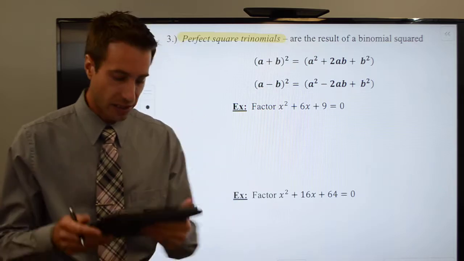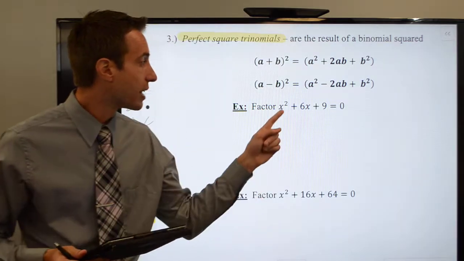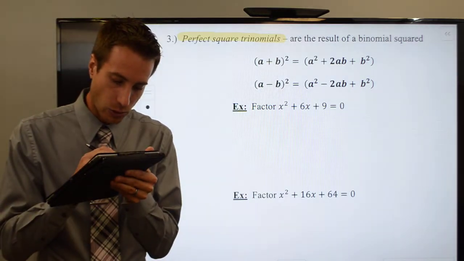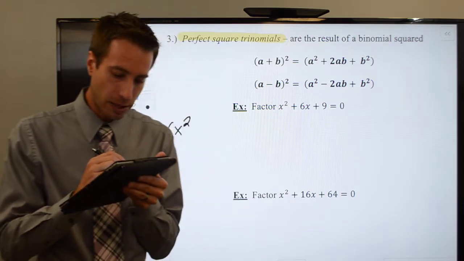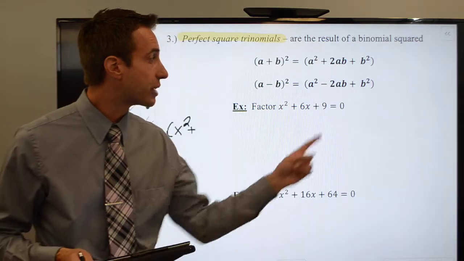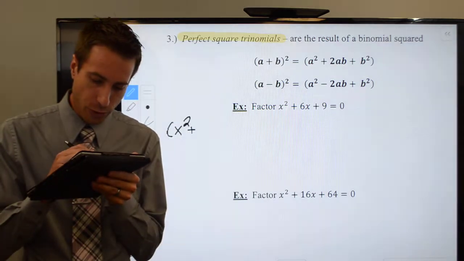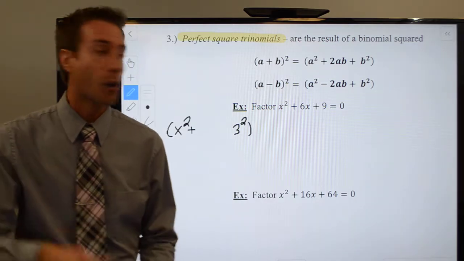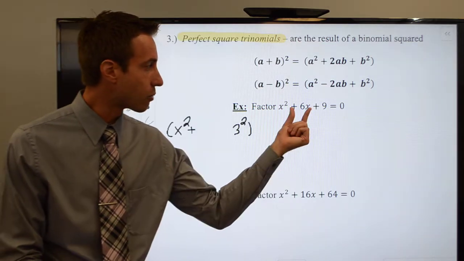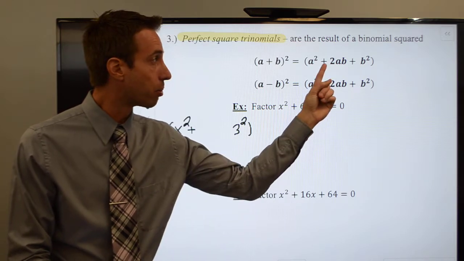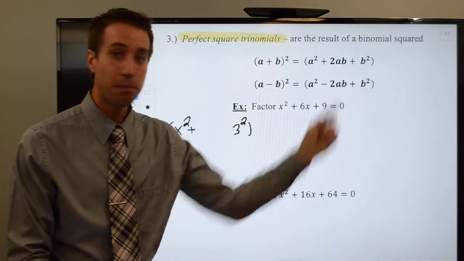So here we go. Let's take a look at this. I know that in order to get an x squared, I would have to square an x. So I will have x squared plus, in order to get a 9, I would have to square a 3. So 3 squared. Now, the middle, this plus 6x, has to come from plus 2ab.